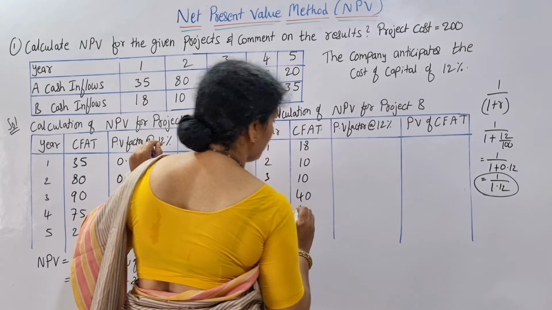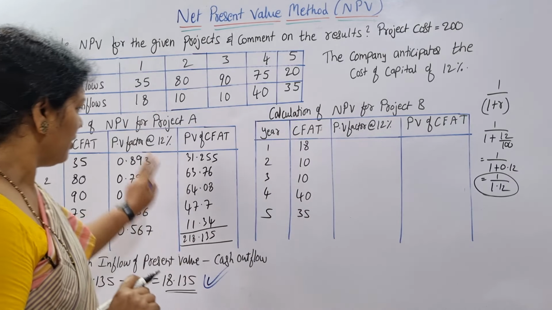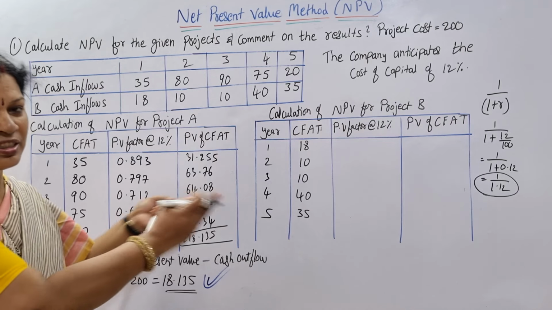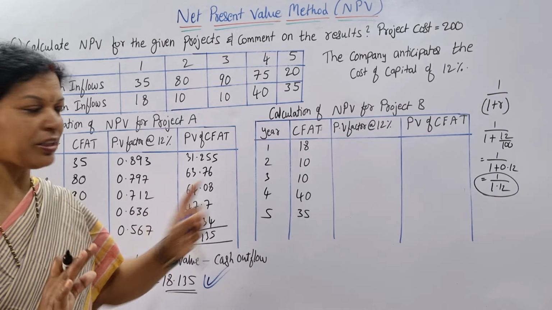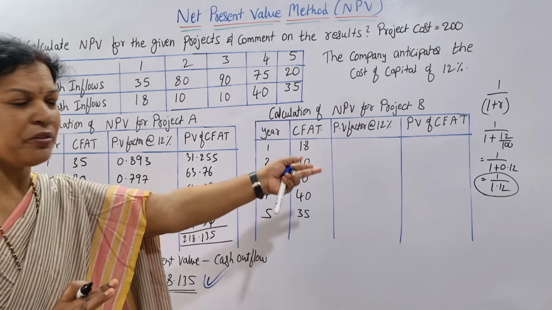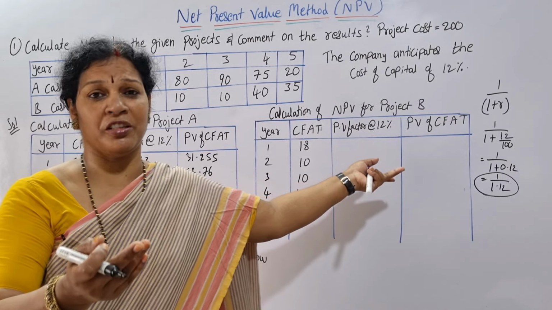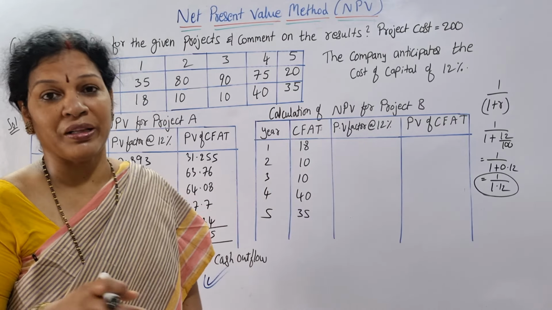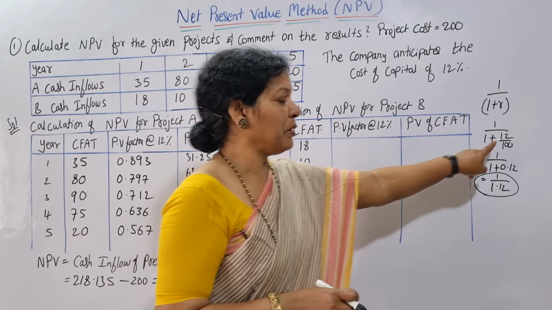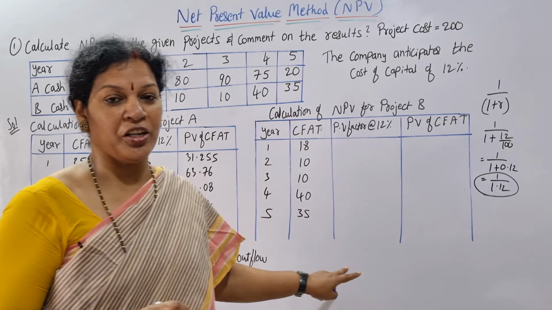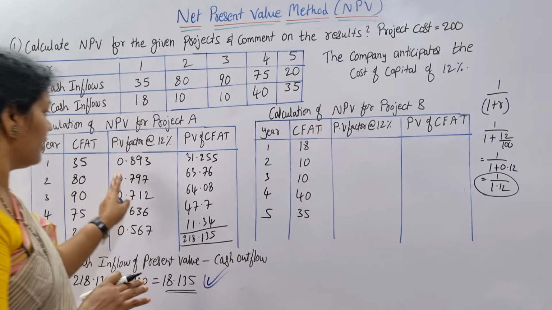PV factor is how much? Same 12%. Already I have calculated the same figures. I'll write it here because already we have done. If it is some other percentage, then I would have calculated once again. Suppose 10%, means 10 by 100, once again I need to. Right now 12% only.